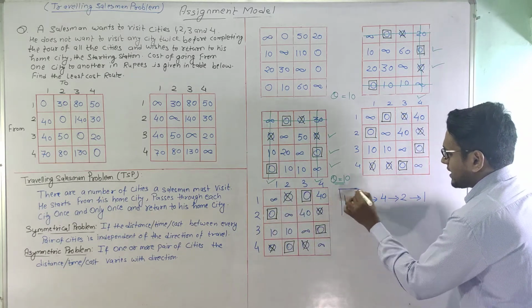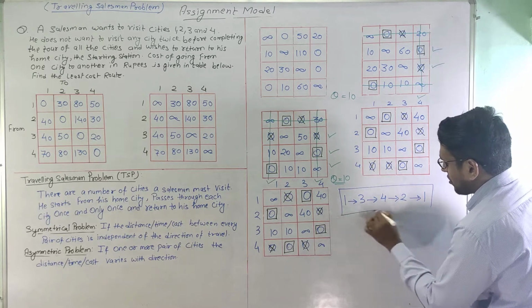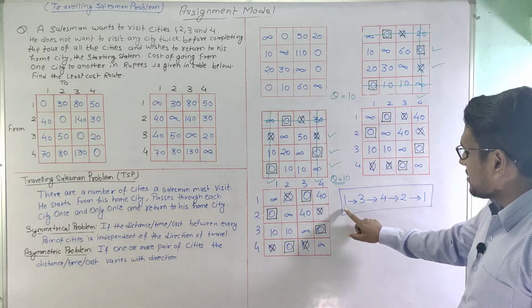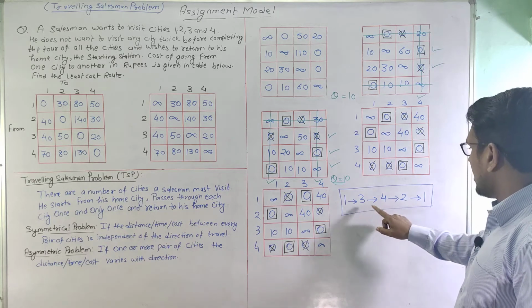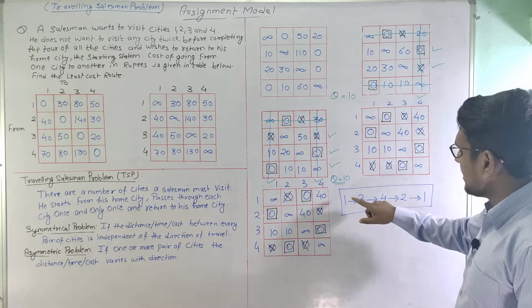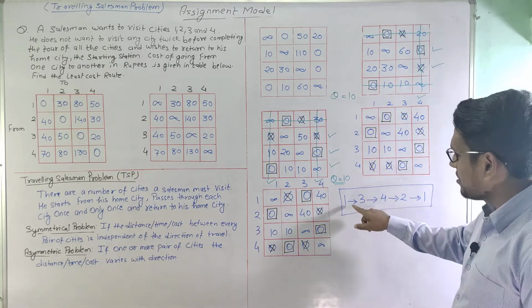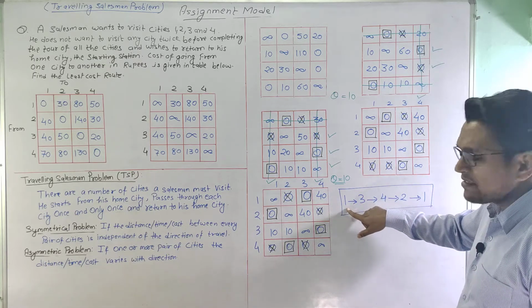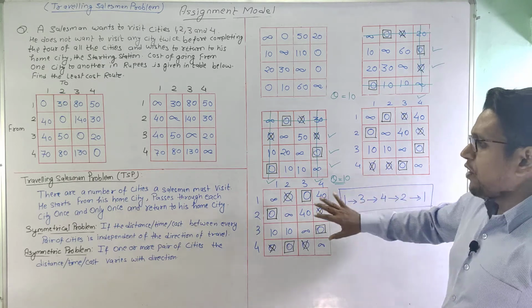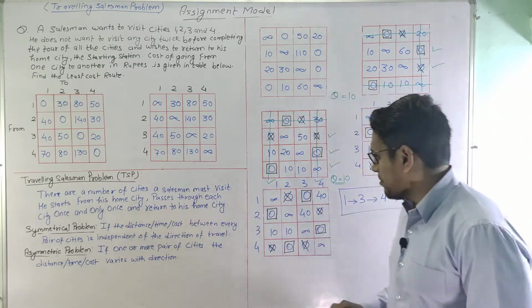So we can see that this particular solution is satisfying the traveling salesman problem, as the salesman is visiting each city once and only once, and it is returning back to its home city where it started. So this is the optimal assignment for this traveling salesman problem.